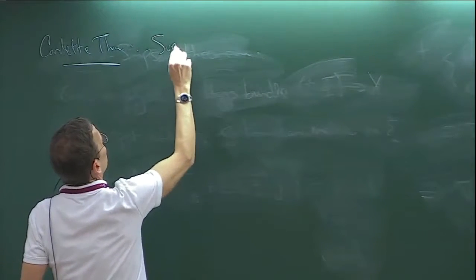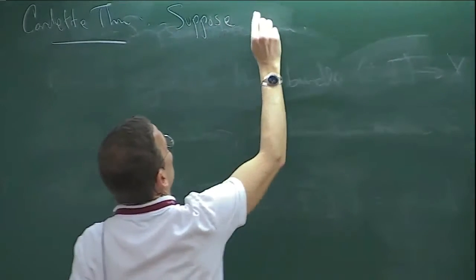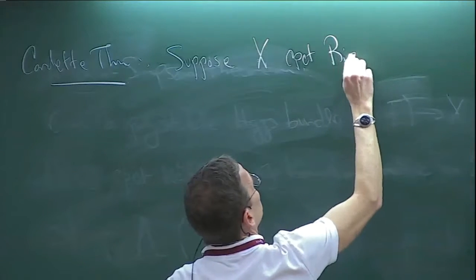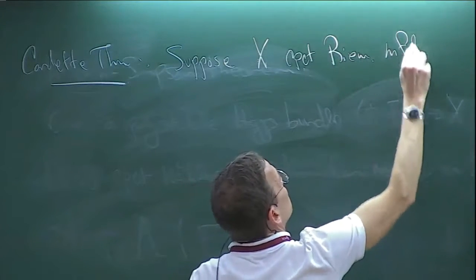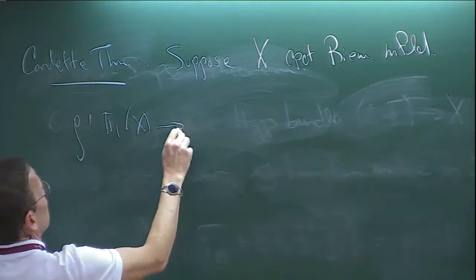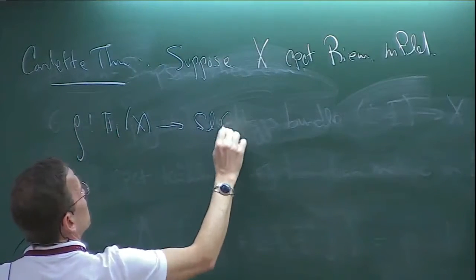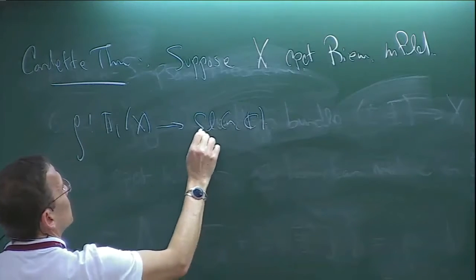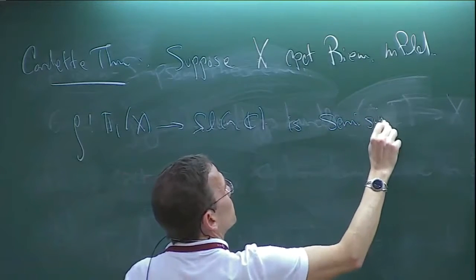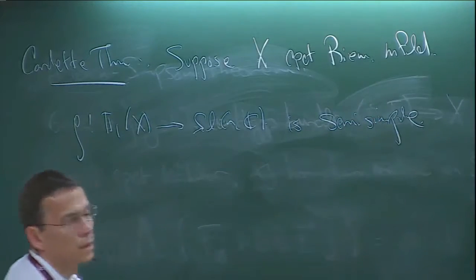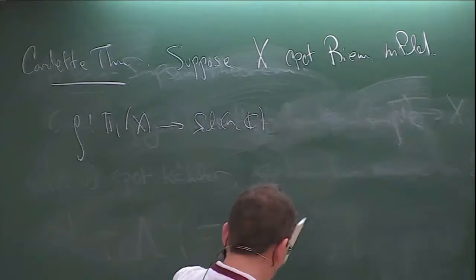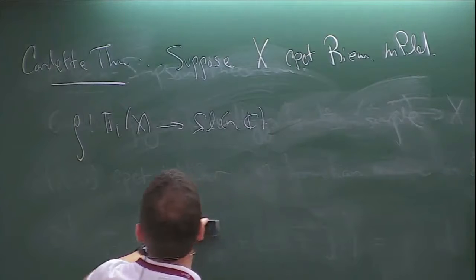So suppose X is just a compact Riemannian manifold, and rho into SL(n,C) is a representation. Let me phrase it in terms of an if and only if.